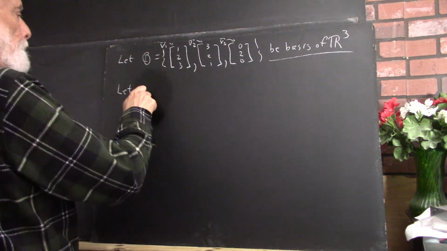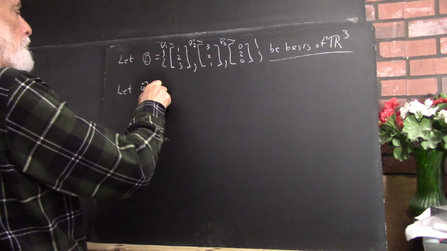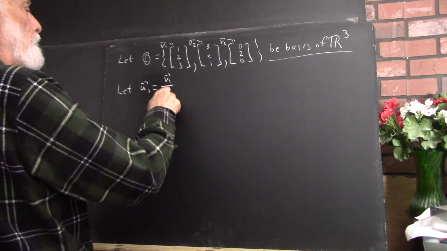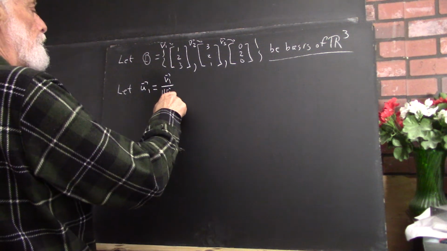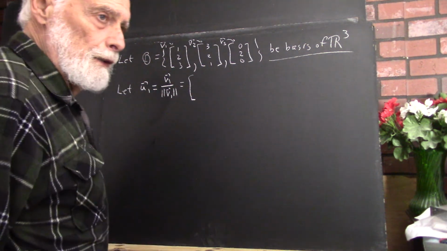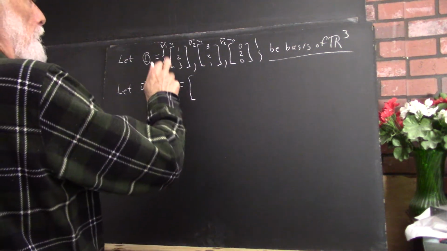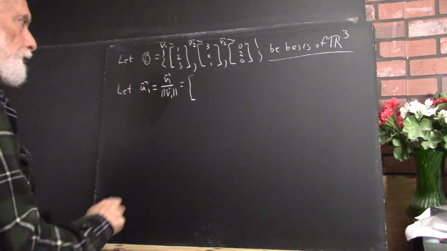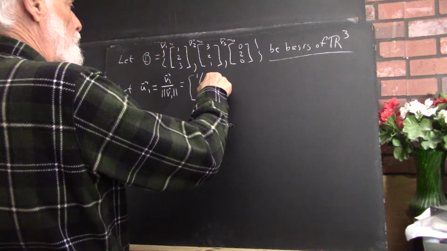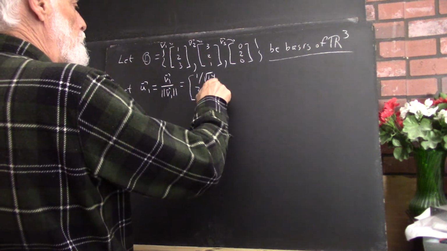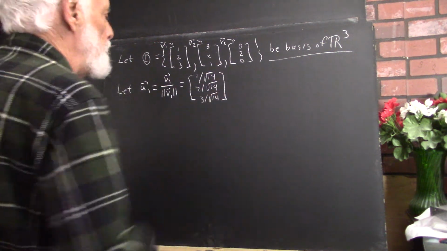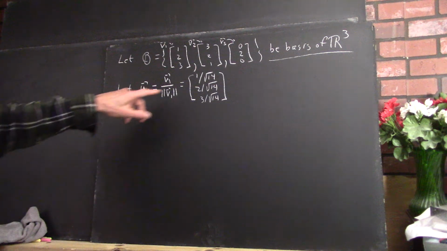Okay, let U1 equal V1 divided by the magnitude of V1. The calculation is straightforward. Square this, you get 9. Square this, you get 4, which makes 13. This makes 14. So there's our vector U1.